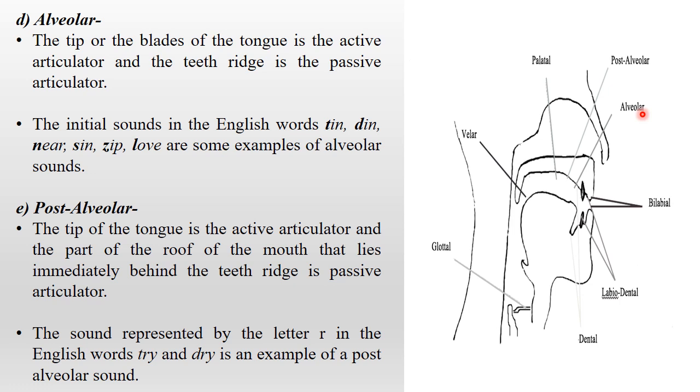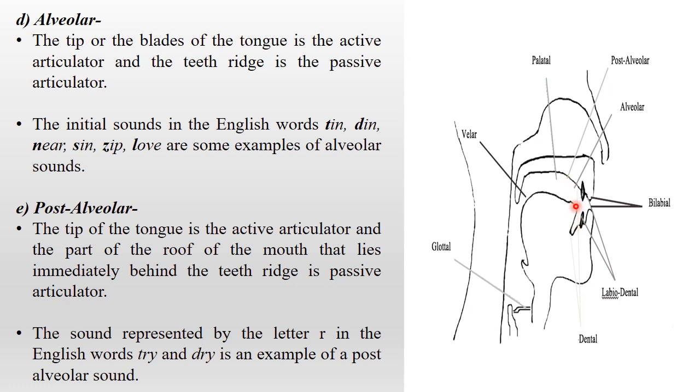Next is post-alveolar. The tip of the tongue is the active articulator and the main part of the roof of the mouth that lies immediately behind the teeth ridge is the passive articulator. Here the area which is behind the teeth ridge or alveolar ridge is the roof of the mouth.